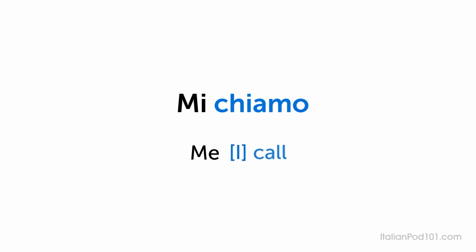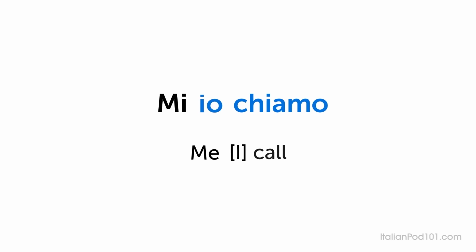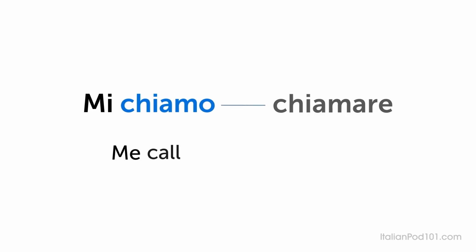After this is, chiamo, meaning I call. Note, chiamo is the shortened form of io chiamo. In Italian, io, I, is usually omitted. Chiamo is from the verb chiamare, to call.